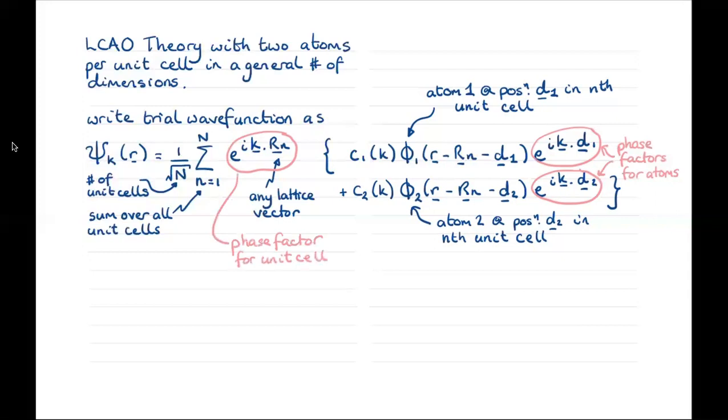And as before, when we applied the variational principle to the simpler case, we have here a sum over the atoms within the unit cell with coefficients that we want to determine.